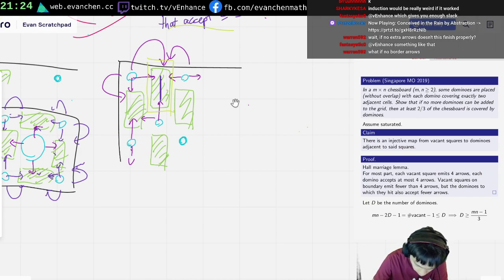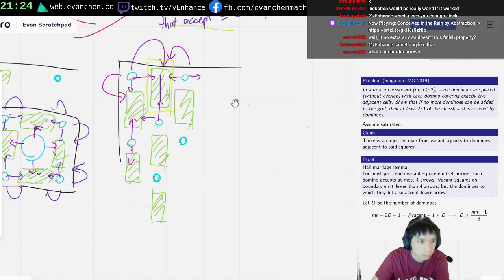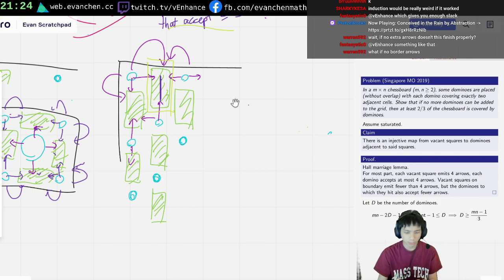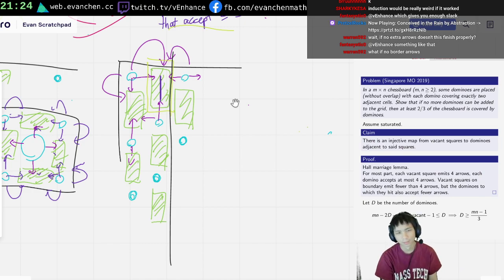So this one must be red. I see. So you're saying the leftmost two columns are determined. They determine each other in this way. If I have this, then this is forced, then this guy is forced, then this one's forced. So if this shape appears, then I can cut off the left two columns, and everything's okay.